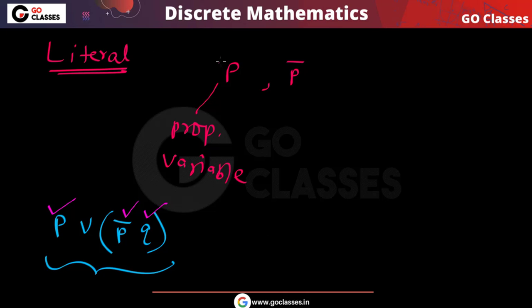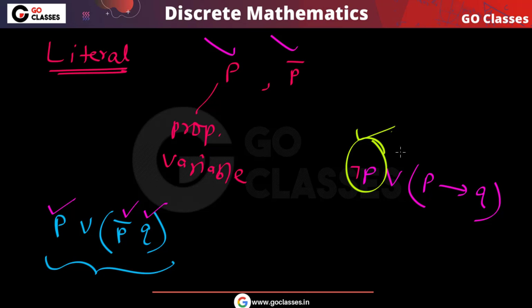So literal means p, p bar. This type of thing means a propositional variable and its negation. They are called literals. For example, in this expression, how many literals do we have? This is a literal, this is a literal, this is a literal. Okay, so this is the definition of literal.